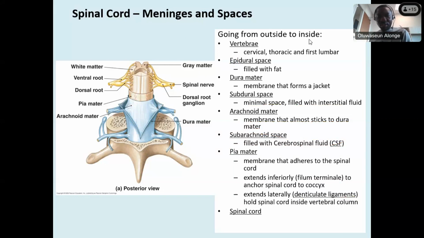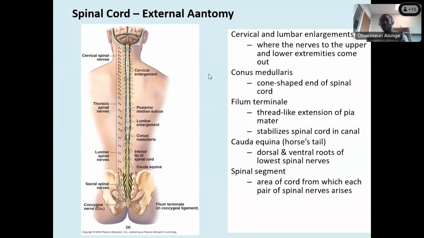All right. Then after this, you are going to have the spinal cord right there. Here is a view of what I just discussed. And if you look at this, you see the spinal cord start here around the foramen magnum, and you see the cervical continues that way. Now, don't mix it up.